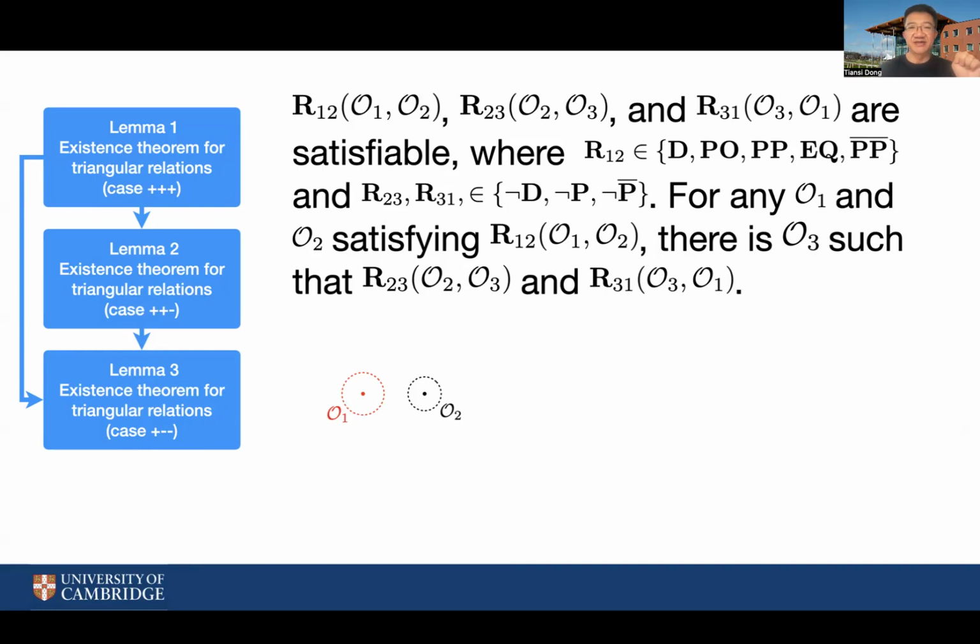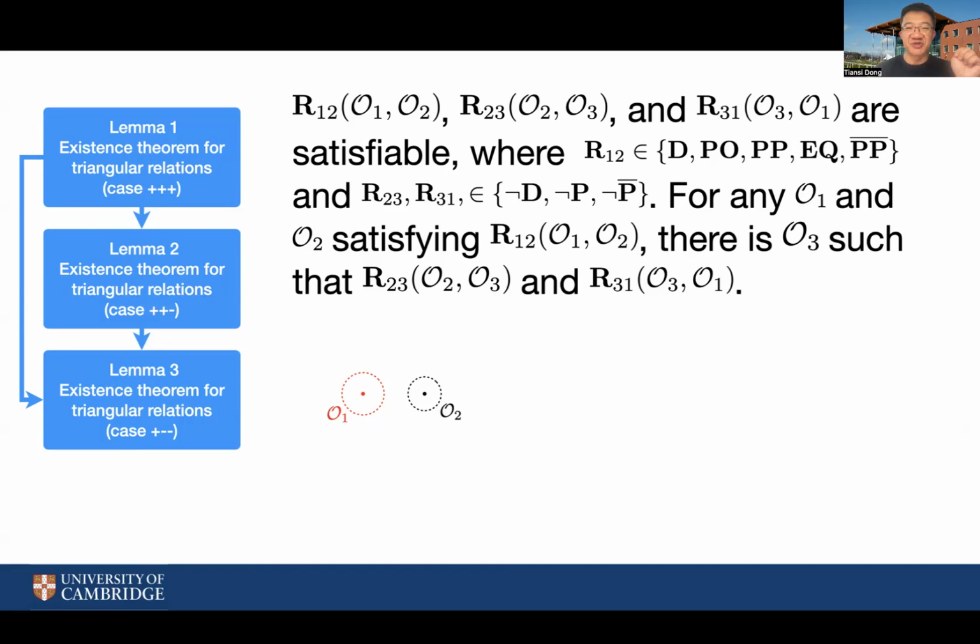Actually, it's an easy case because we can take a special relation, say partial overlap. Partial overlap is not D, not P, and not an inverse P.